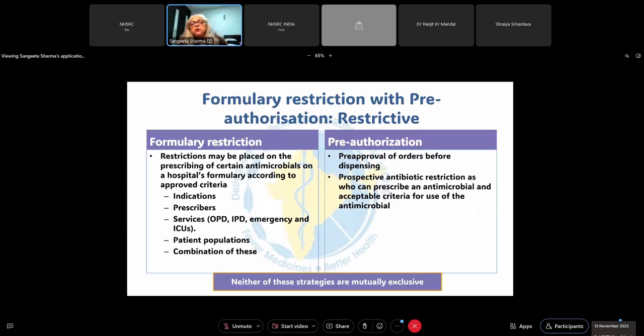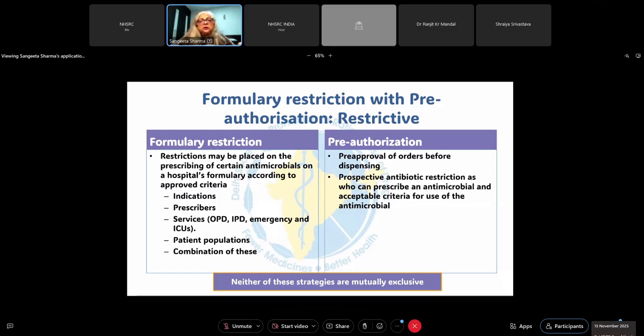Now, coming to formulary restrictions, this is a managerial approach. Here you classify the antibiotics into three categories. For example, these are the antibiotics which will be available in the outdoor department, these are the ones which will be used in ICU, and these are the ones which will be used in the inpatient setting.